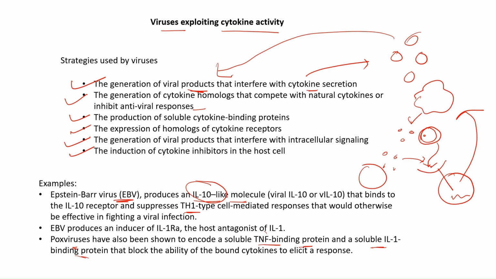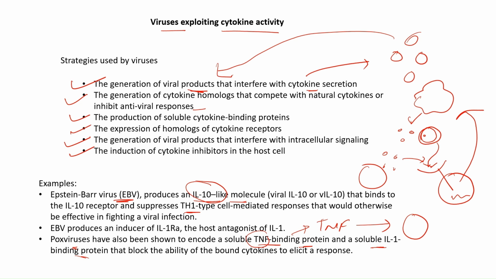These molecules will go and bind to the tumor necrosis factor. When they are bound with the tumor necrosis factor, it won't activate the cell that it normally does, right?